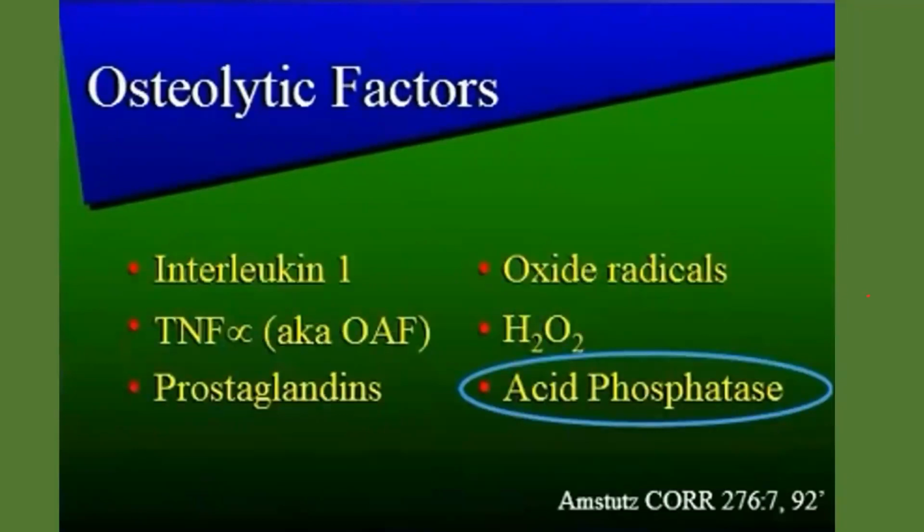Okay, so these are the products that are released that cause osteolysis. Interleukin-1, tumor necrosis factor alpha, prostaglandins, oxide radicals, hydrogen peroxide, and acid phosphatase is the most. It causes lysis mostly.